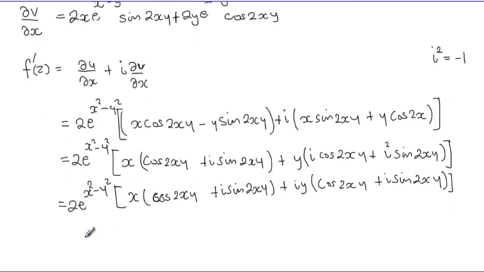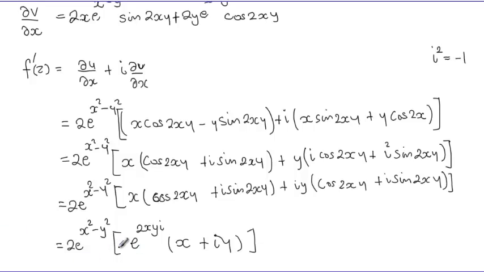So continuing with that, remember also these two terms we can write as e to the power i2xy. So what we can do now, we can say 2e^(x²−y²) in brackets. Because this is a common factor, let's take it once outside: e^(2xyi). Then we are left with the x plus iy.